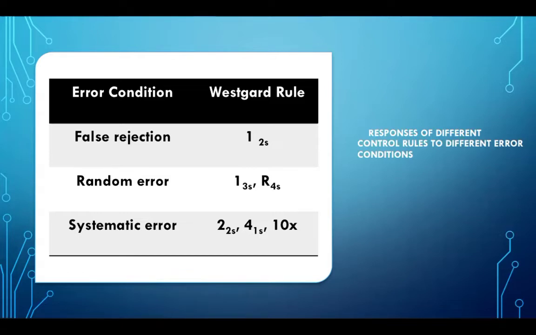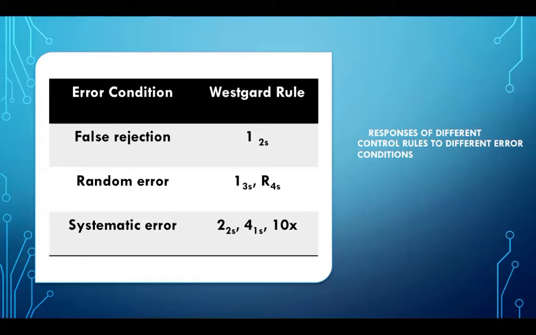But if it is affecting multiple results, 2-2s or 4-1s or 10x, which we discussed, that means systematic error. Something is there which is affecting all our results. So we have to identify whether it is random error or systematic error.